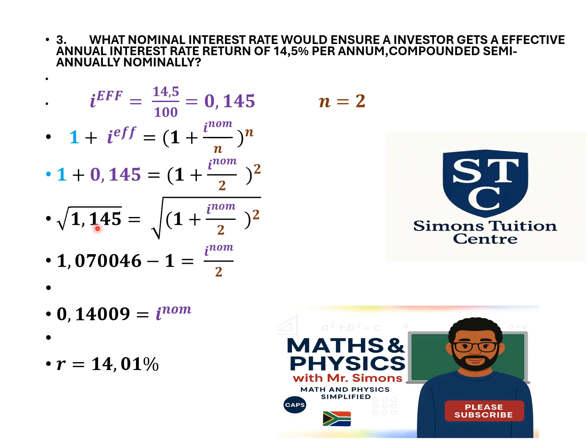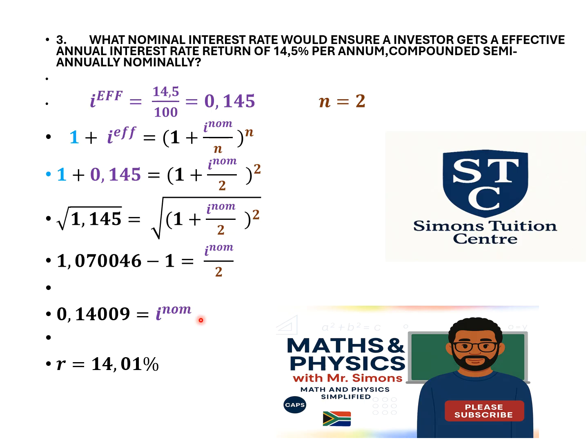The square root of 1.145 is 1.070046. If I take this positive 1 now across, it will become a minus 1. Right, that minus 1, times 2, so that the 2 is multiplied away. So 0.070046 times 2 gives me 0.14009, which equals i nominal.